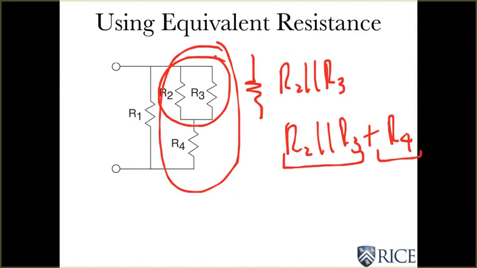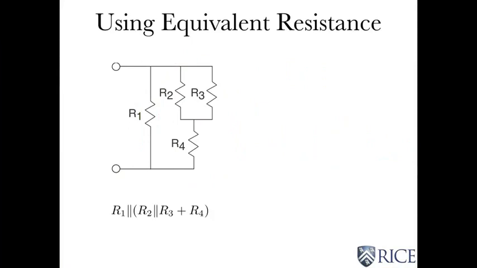And then this single resistor is in parallel with R1. And so our final result is a little complicated, but very simple to write. And that is that R1 is in parallel with the combination R2 and R3, which is in series with R4.